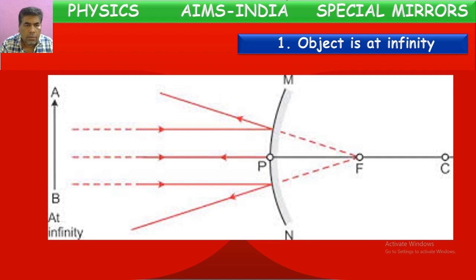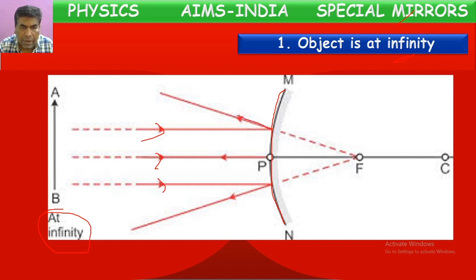First, when the object is at infinity, the curved outward part of the convex mirror acts like a reflecting surface, or we can call it a diverging mirror, because all parallel rays will touch the mirror.